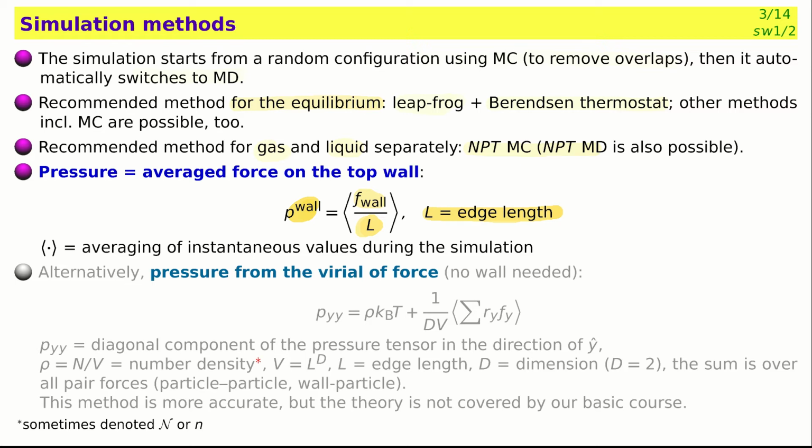We can use also the real force. For the equilibrium, only one component of the pressure tensor, and for NPT simulations we need to know the pressure too, and we use the virial of force method to calculate pressure in simulations.